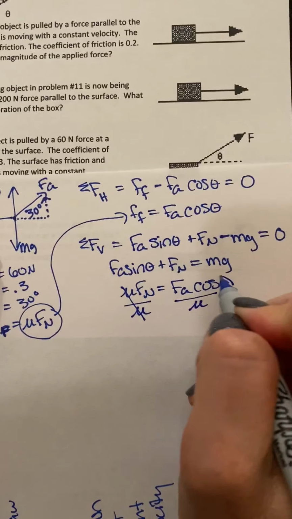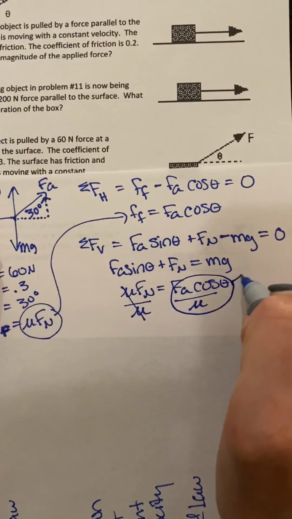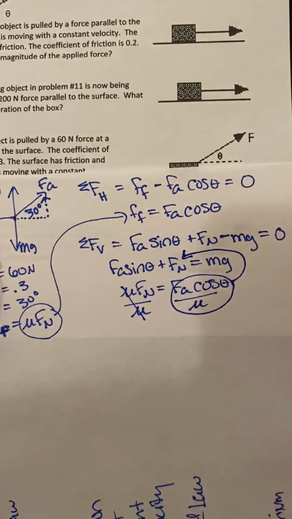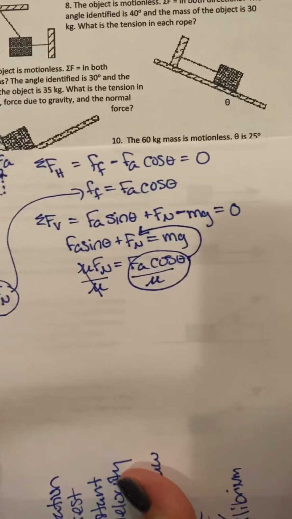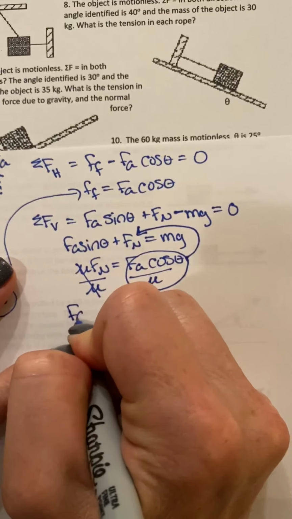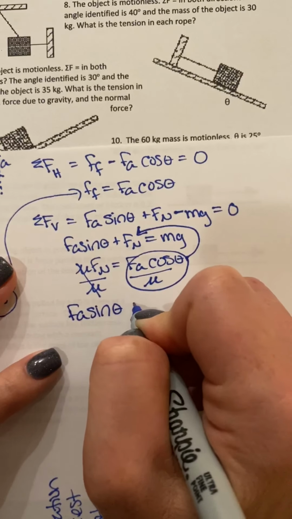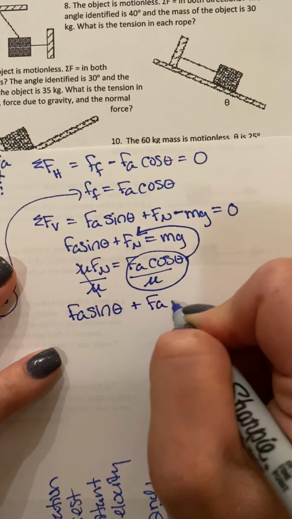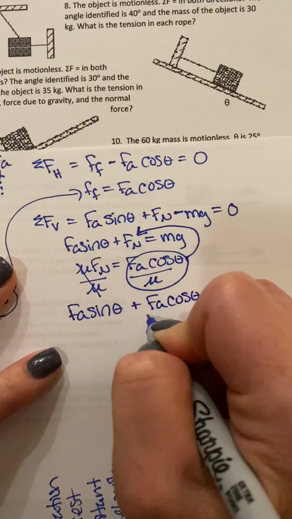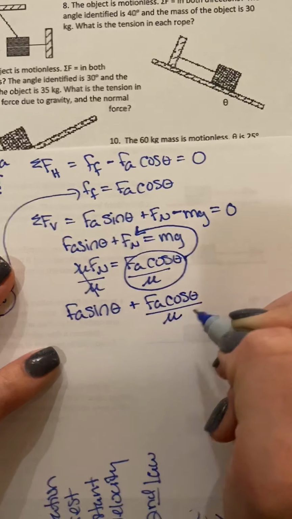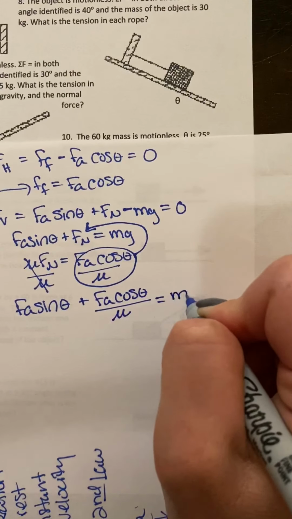And then I'm going to take this, which is equal to my force normal, and plug it into here. So my equation then becomes FA sine theta plus FA cosine theta divided by mu is equal to mg.